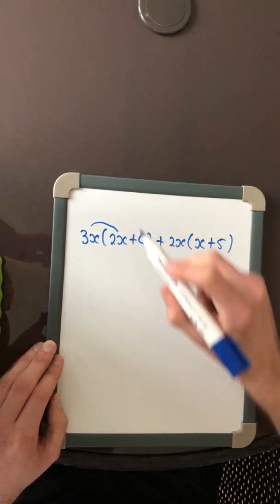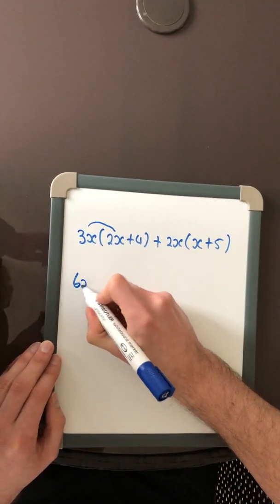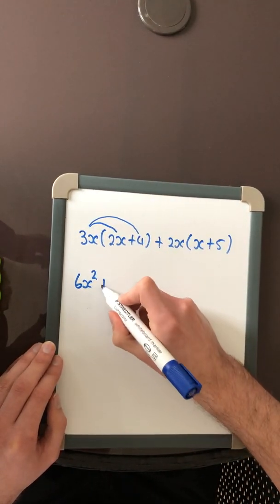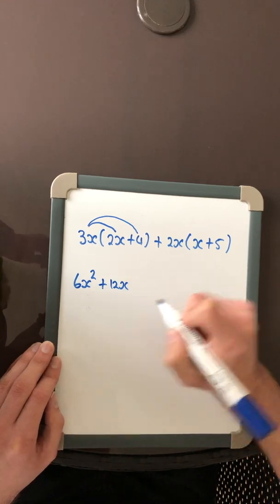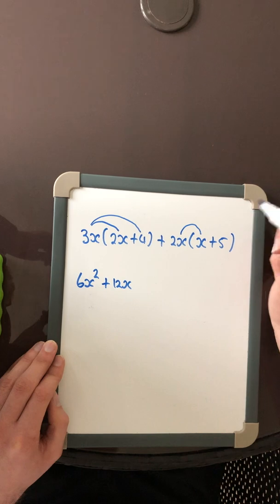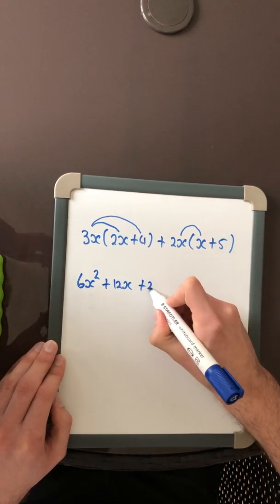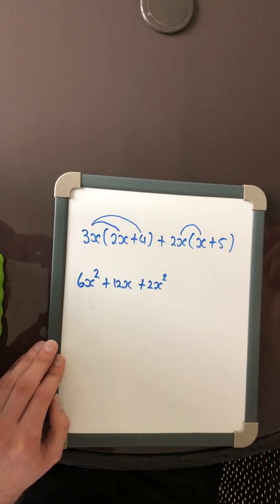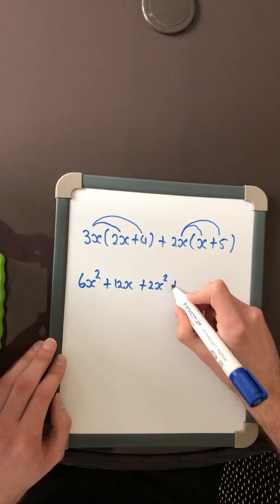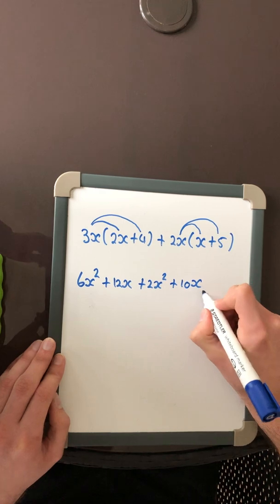Draw our lines, 3x times 2x, 6x squared. 3x times 4, plus 12x. And now for this half, 2x times x is going to be plus 2x squared. 2x times 5 is going to be plus 10x.